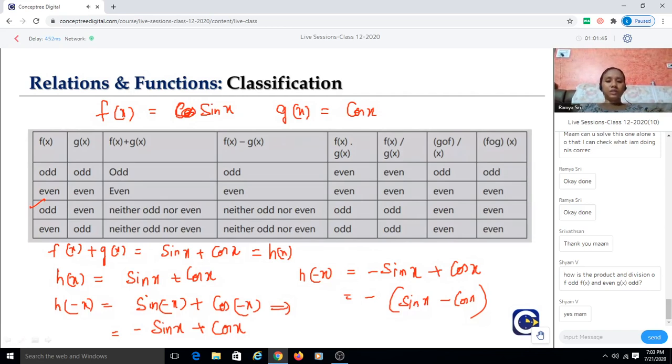So with this, I'll just wind up today's session on even and odd functions. If you have any doubts in regard to this, you just let me know. You can follow the tabular form here, take some examples, verify, solve them on your own, and check whether it is satisfying or not.